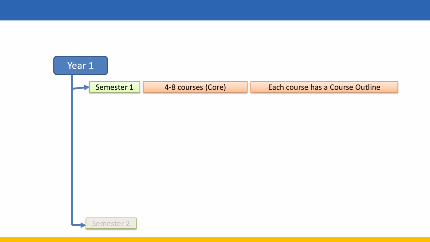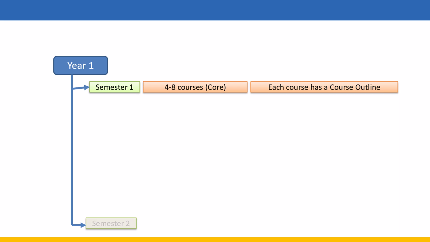For example, year 1 of this program will consist of 2 semesters, semester 1 and semester 2. Each semester will have maybe 4 to 8 courses. Some semesters will have 4 or 5, some 6 to 7, and some 8, depending on the program you are taking. It all depends on the program and how heavy it is.